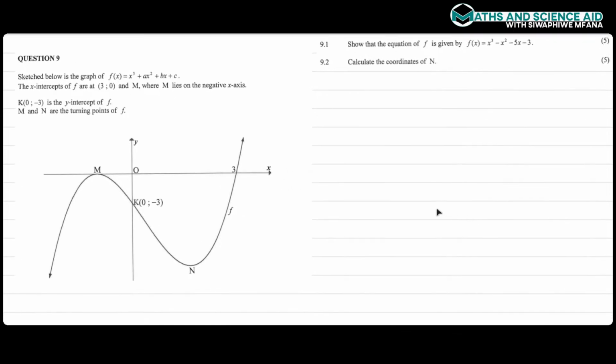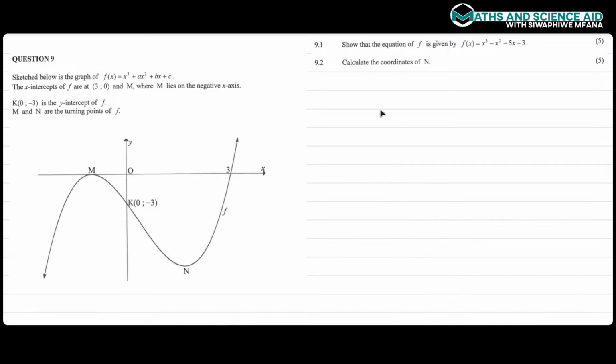This will be a follow-up to the previous live session that we did, whereby we were going through functions. So we're also going through the cubic polynomial, which is also part of calculus.